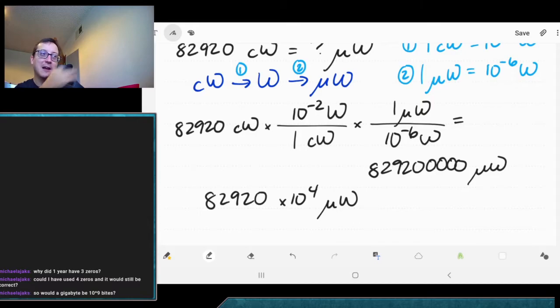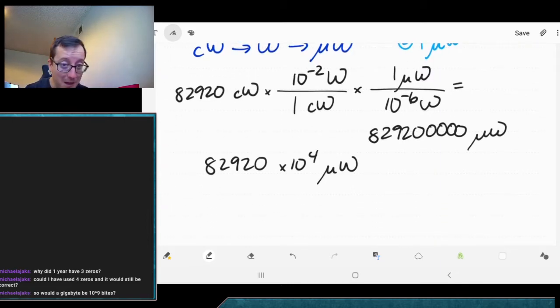It's just, I've taken my base number and multiplied it by 10 to the 4th. That's a little bit less okay. Technically, mathematically, it's okay, though. But it's better to either have it completely in standard notation or scientific notation. It's not really the best to have it this kind of halfway done.